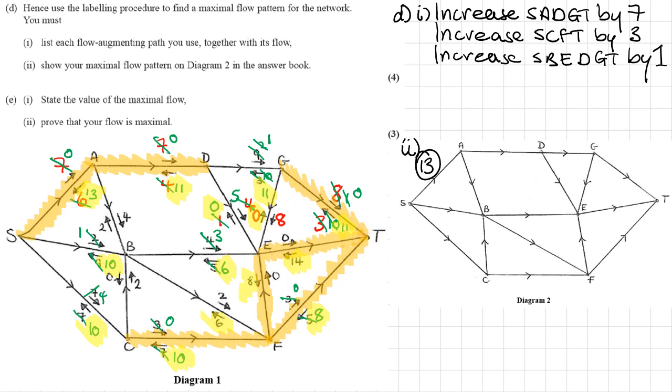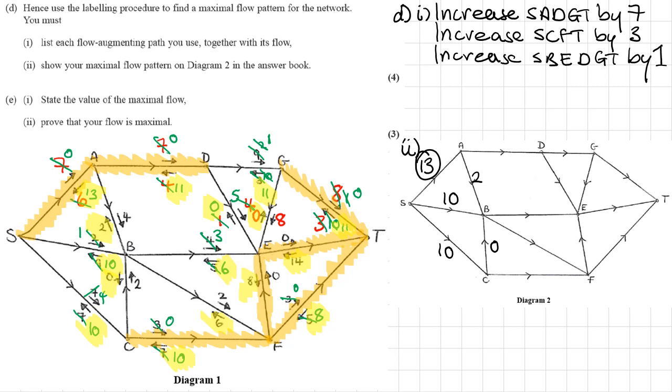Okay, so let me complete the labeling of this. So 10 and 10 here, neither of those are saturated. AB, oh, I didn't highlight that one. That's going to be this number here, the 2. So we've got 2 here, and then 0 here. Now I don't think I highlighted that one, so I'll highlight that one here.